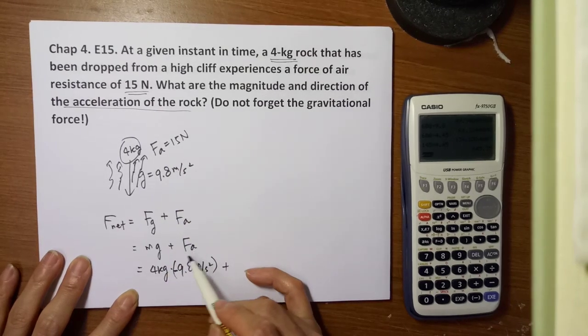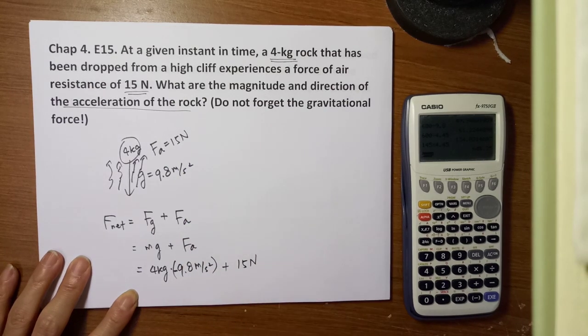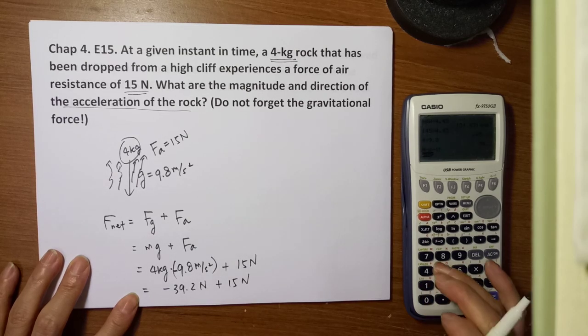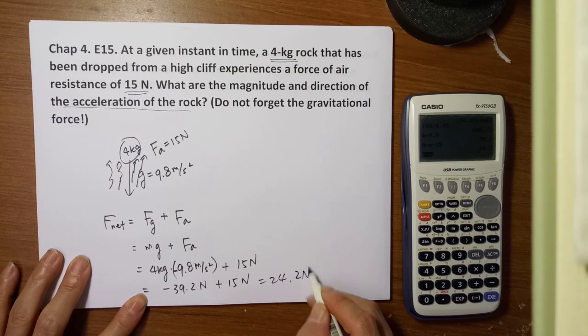The force opposite to gravity is positive 15 Newton. So 4 times 9.8 equals negative 39.2 Newton, plus 15 Newton, which gives negative 24.2 Newton in the negative direction.